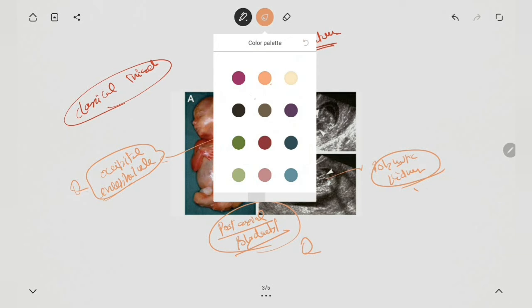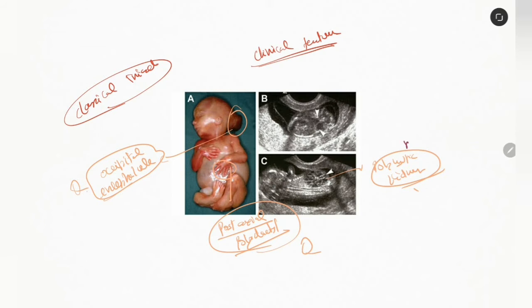Among these, the most common is polycystic kidney, followed by occipital encephalocele and post-axial polydactyly. You can very well appreciate the post-axial polydactyly: 1 2 3 4 5 6, 1 2 3 4 5 6. Apart from these three classical triad features, there may be other features such as hepatic cyst.